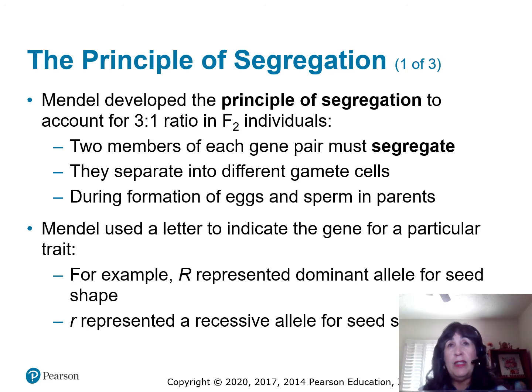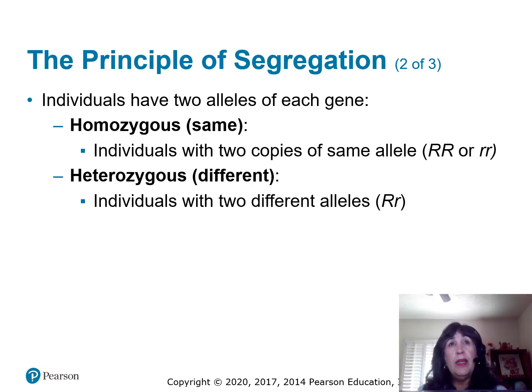They separate into different gametes, like two different sperm or two different eggs. And so depending on which egg or which sperm is used for fertilization, that will be the trait that is represented in the next generation. So here are the terms homozygous and heterozygous.